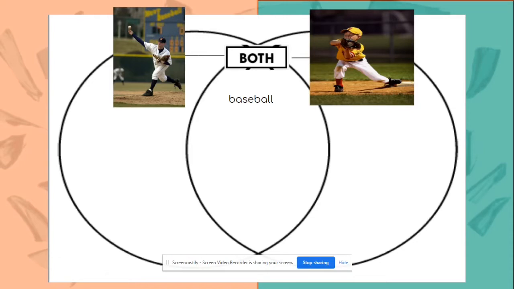I picked this one because, guys, baseball's coming back. You can watch your favorite teams before too much longer. Pretty excited about that. Next, they're both wearing a uniform. When you play on a team, you tend to wear a uniform, right? And they're both outside. You can see the sunshine, and usually we play baseball outside. It would be difficult to hit a home run if you were inside.